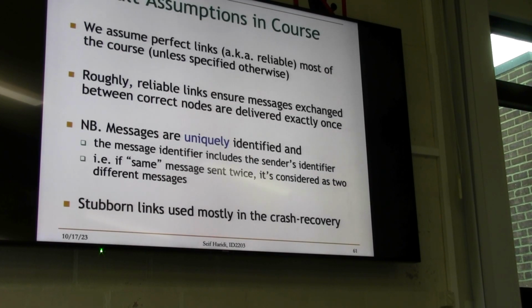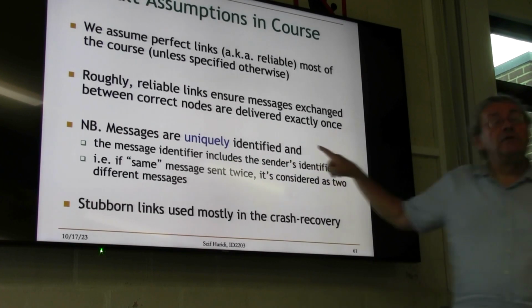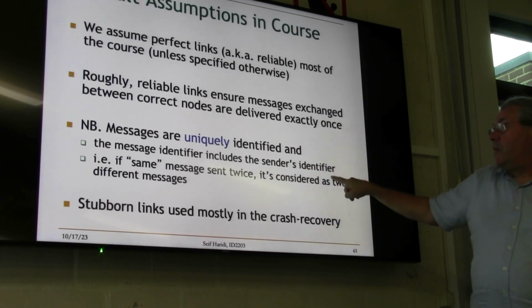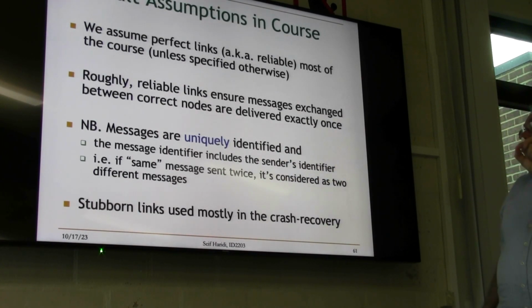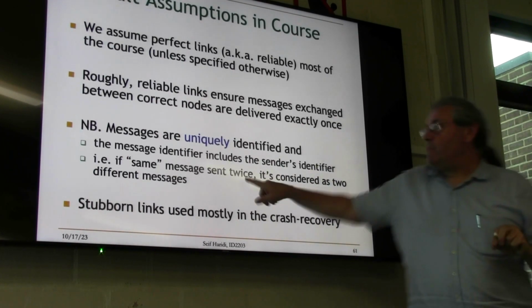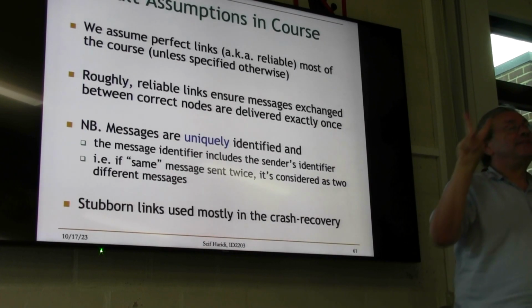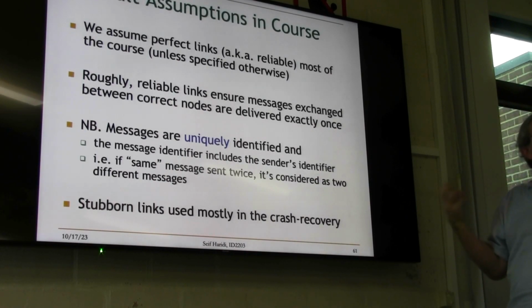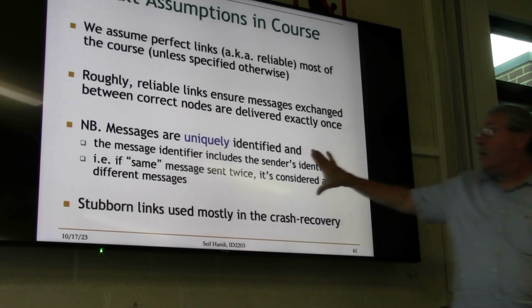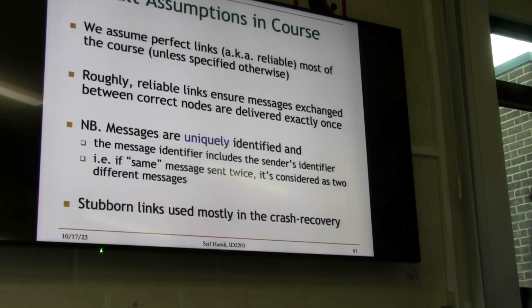Okay. We will also assume that messages are unique. That whenever I send a message, it's a unique message. So if I send the same data structure twice, I consider that as 2 separate messages, okay? So I'm usually assuming that the messages are going to be unique. That's usually what we need to do.